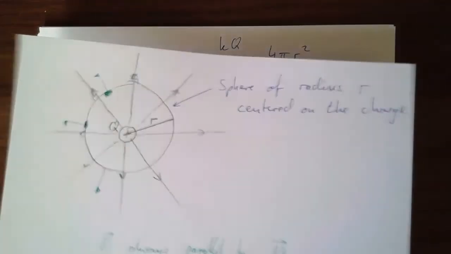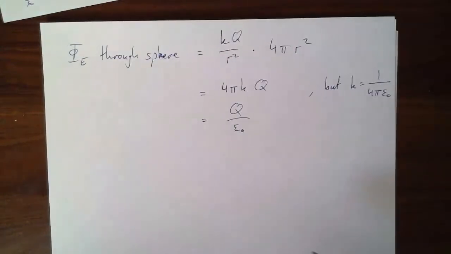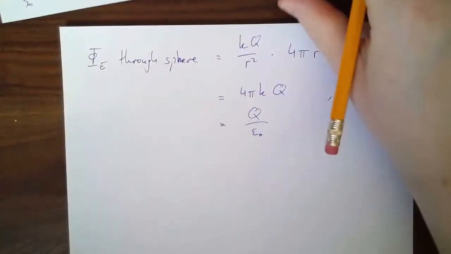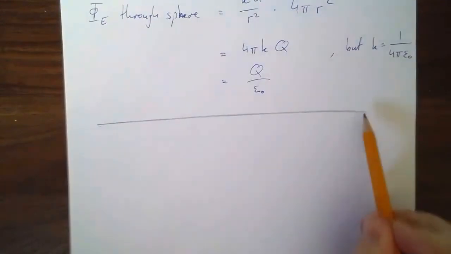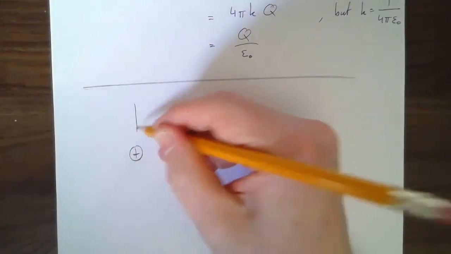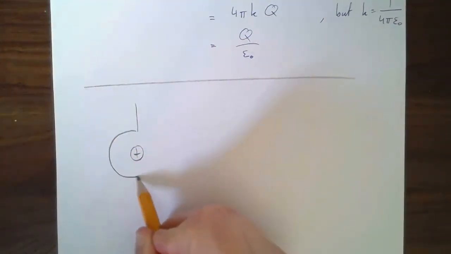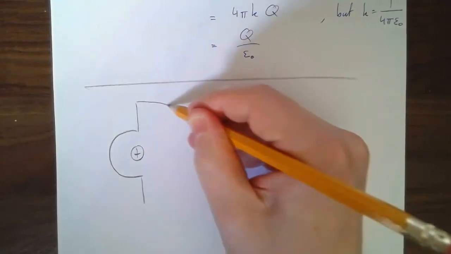Okay, so that's for a sphere with a charge at the center. Now, imagine instead of having a sphere of one radius or another, I have a positive charge here, and instead of creating a sphere around it, I want to create two half spheres around it. You've got to think 3D.